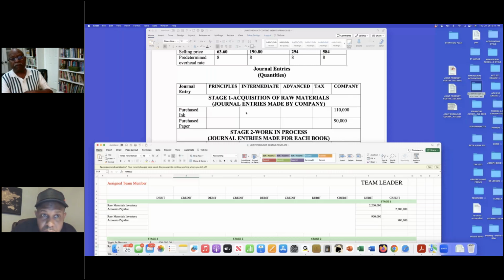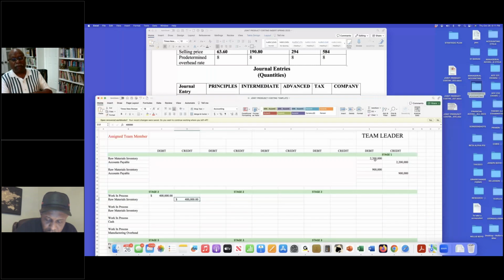One person buys. So I'm going to buy 110,000 ink cartridges and 90,000 reams of paper. I'm buying $2 million worth of ink and $900,000 worth of paper for all 4 books. That's done, okay? You see that?